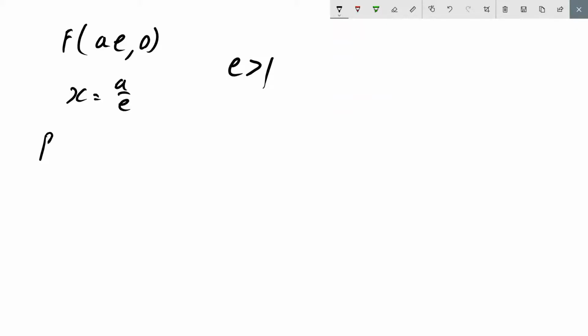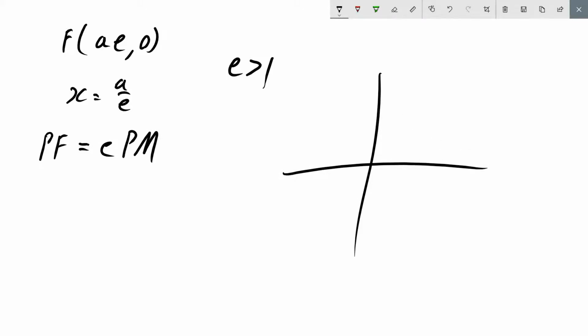And our condition, of course, is going to be PF equals the eccentricity times PM. So just remembering what that looks like, here's our directrix here. There's our M point. Let's say this is P, and there's our focus. You can see how the eccentricity has changed the length.